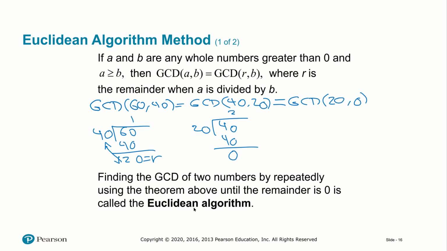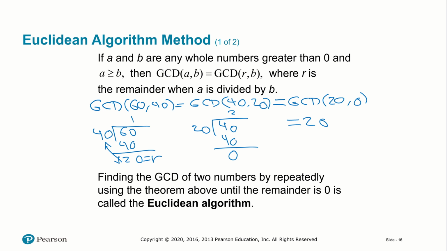Well, it would be 0, 20, but of course we know that the GCD of 0, 20 is the same as the GCD of 20, 0. And now notice we're done, because we know that the GCD of 0 and any non-zero whole number is going to be just that non-zero whole number. So here we get 20.